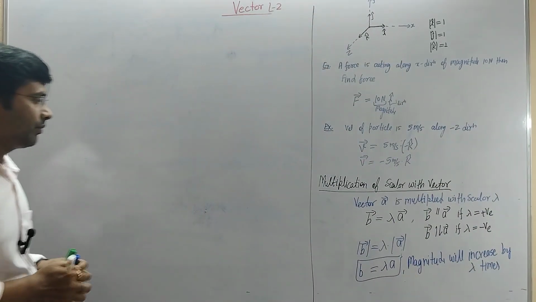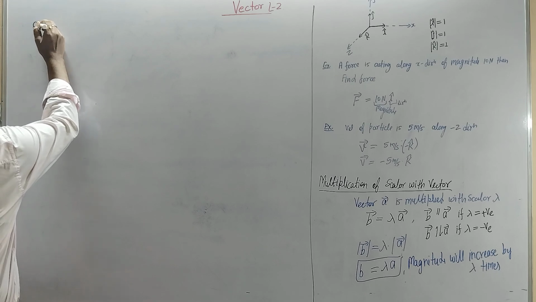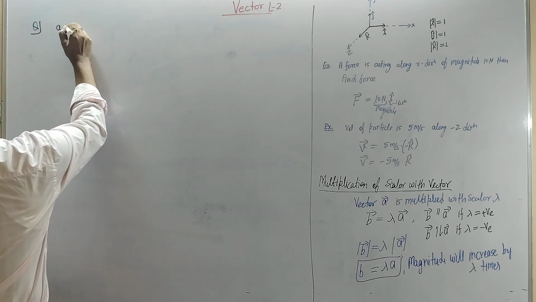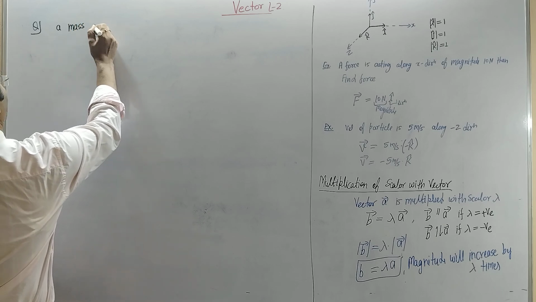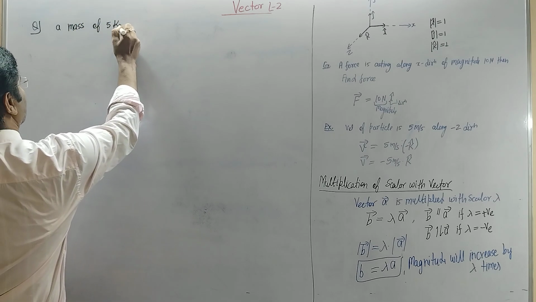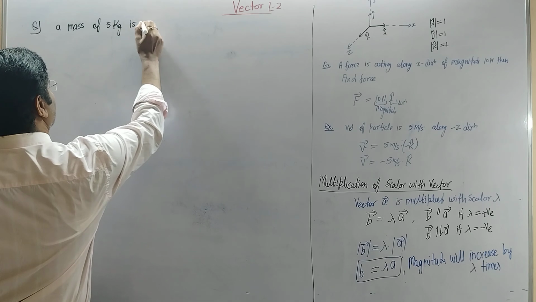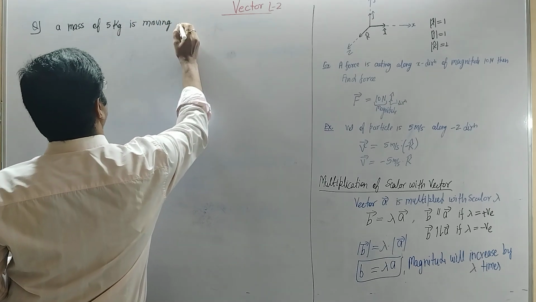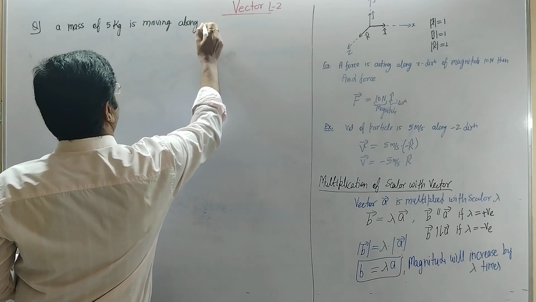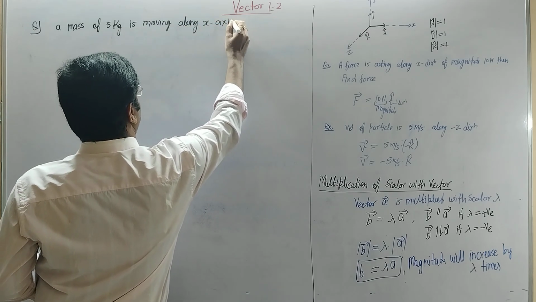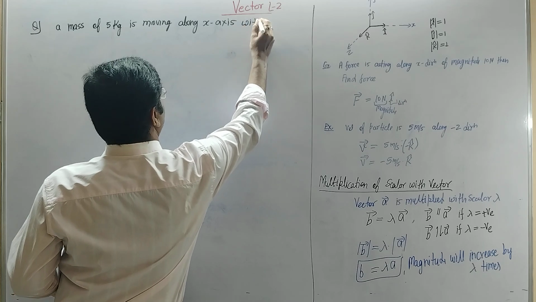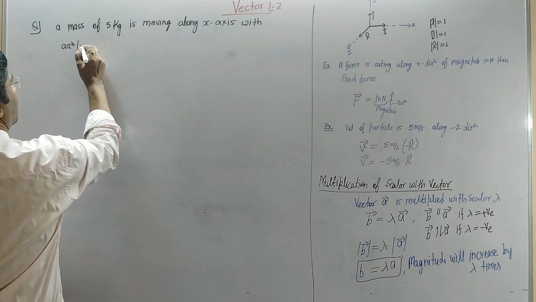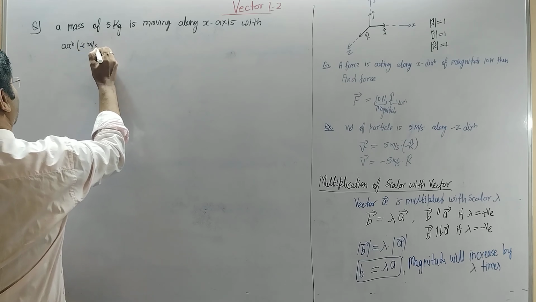So for an example of it, let's say a mass of 5 kg is moving along x-axis with acceleration, let's take 2 meter per second square.